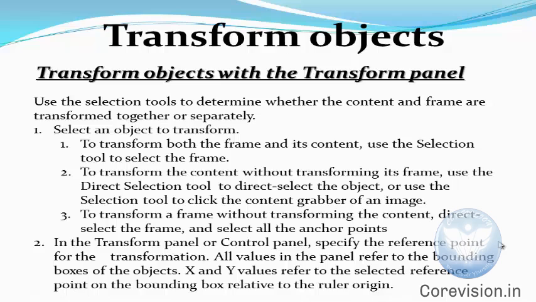To transform the content without transforming its frame, use the direct selection tool to select the object, or use the selection tool's content grabber on an image. To transform a frame without transforming the content, direct select the frame and select all the anchor points.